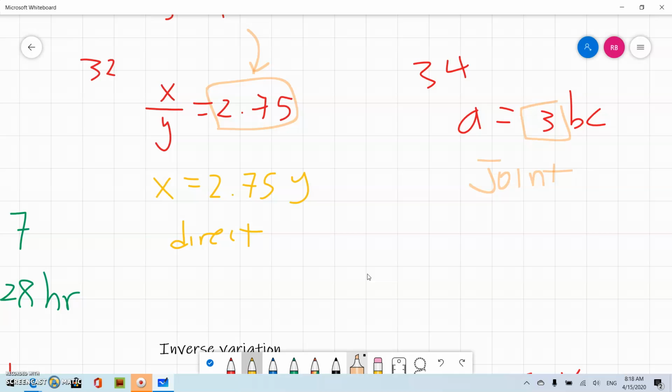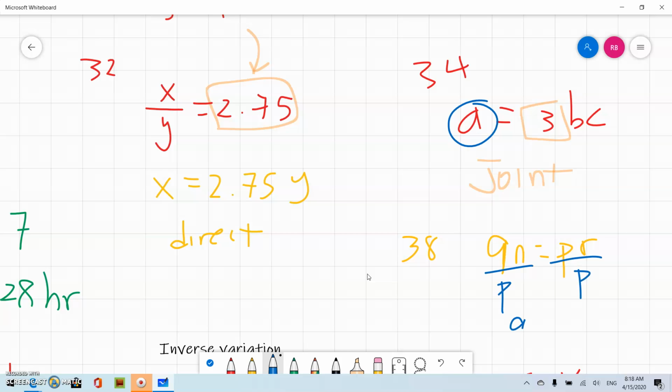This one, 38, is a strange looking one. So we know that k is 9, right? But then there are 2 variables on the right side, and we always want one variable equal to something, right? So let me just divide it by p. It doesn't matter which one I divide it by, but I know for sure this is combined.